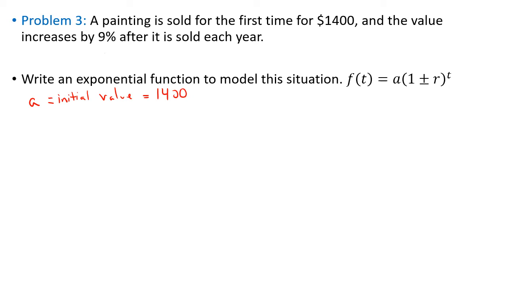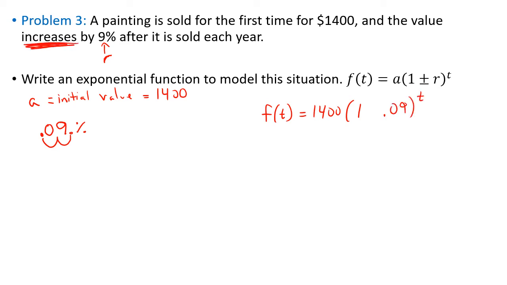Your r is referring to your percentage, but you can't put a percentage in an equation. You have to convert it into a decimal. So 9% as a decimal, 2 spaces to the left, fill in zeros. You're then going to have an equation that looks like this. F of t equals 1,400, 1, and then we're going to have 0.09 to the t.